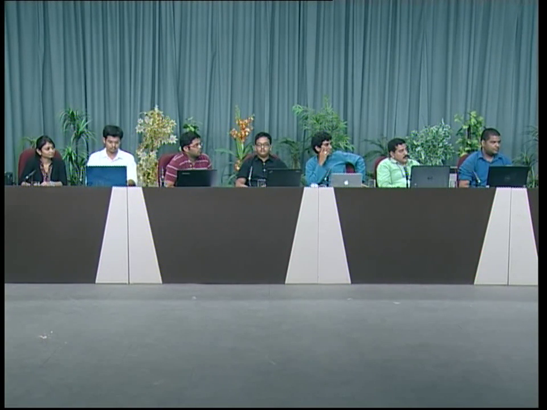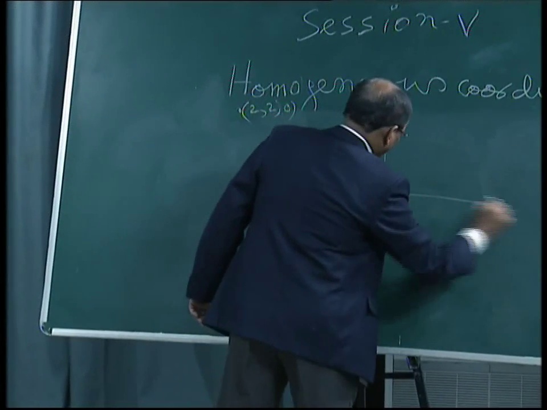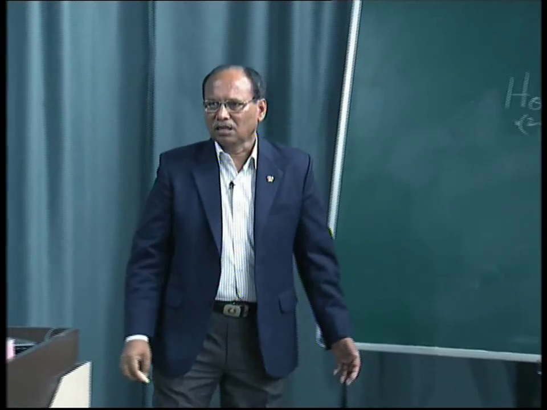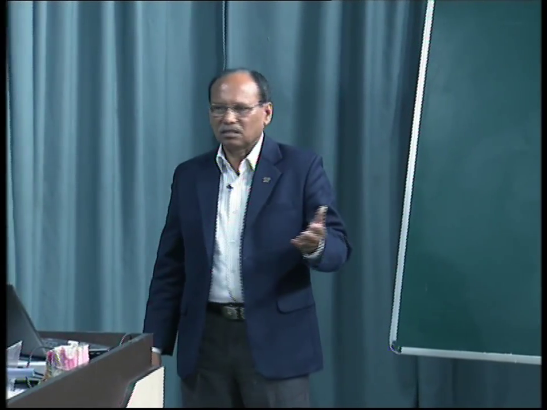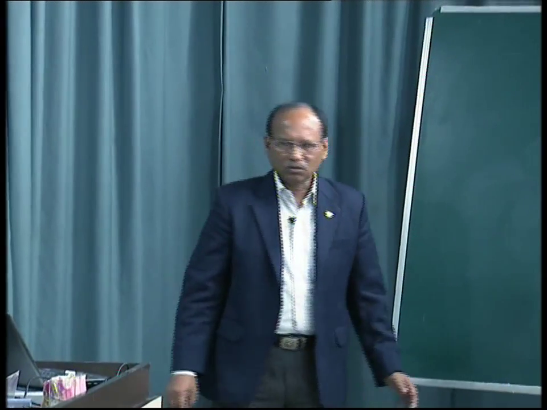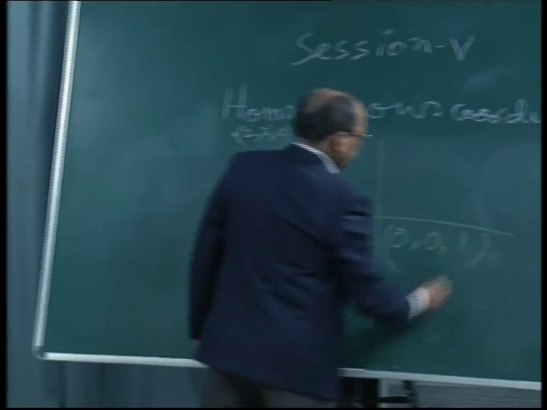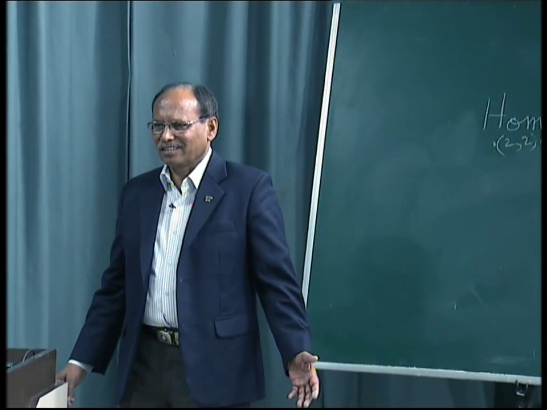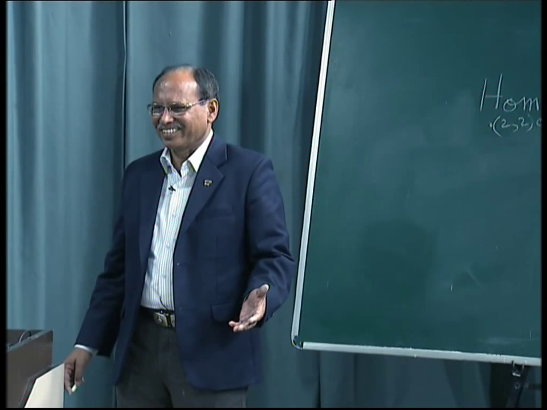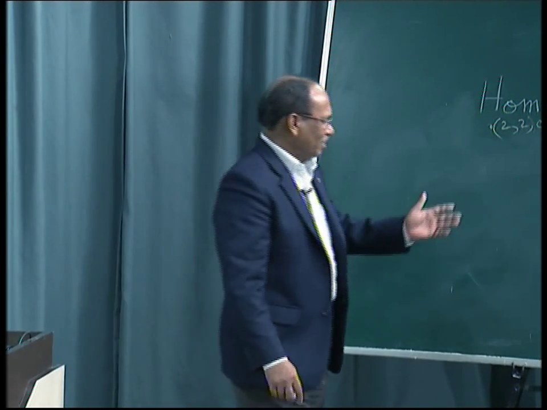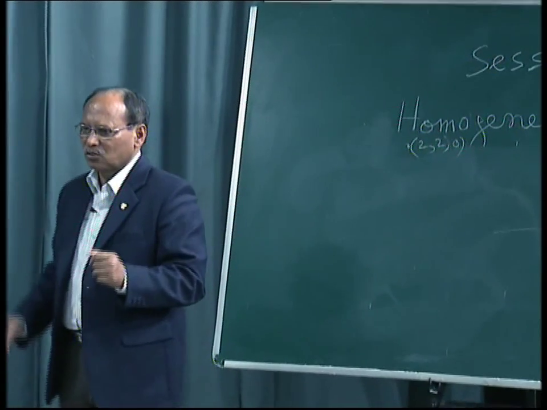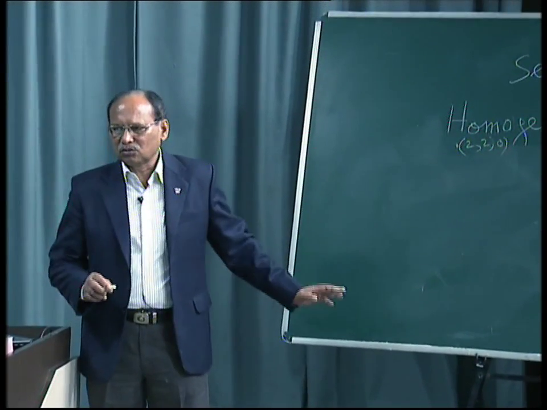Now, what advantage can we get from this? That is the question. Earlier, in my system the point was 0 0, and we applied many transformations but could not shift this 0 0. Now my 0 0 is 0 0 1, so I can shift it, is it not? It is not at the origin now. But how can we shift it, because our matrix is 2 by 2? Can we multiply this with 2 by 2?